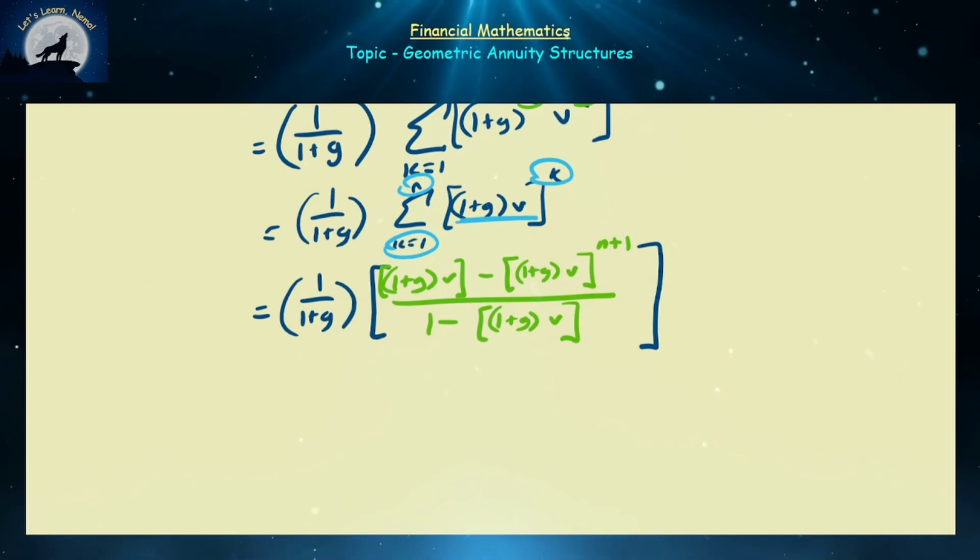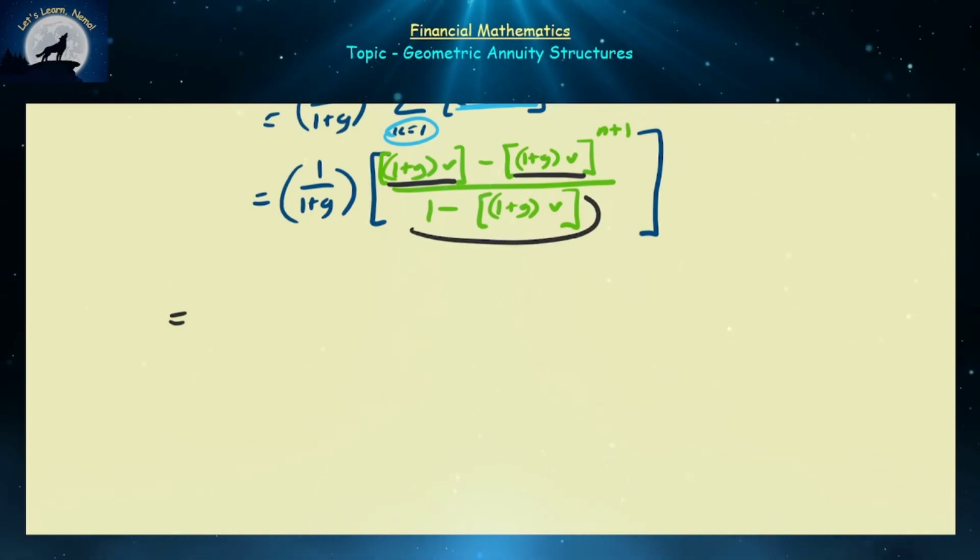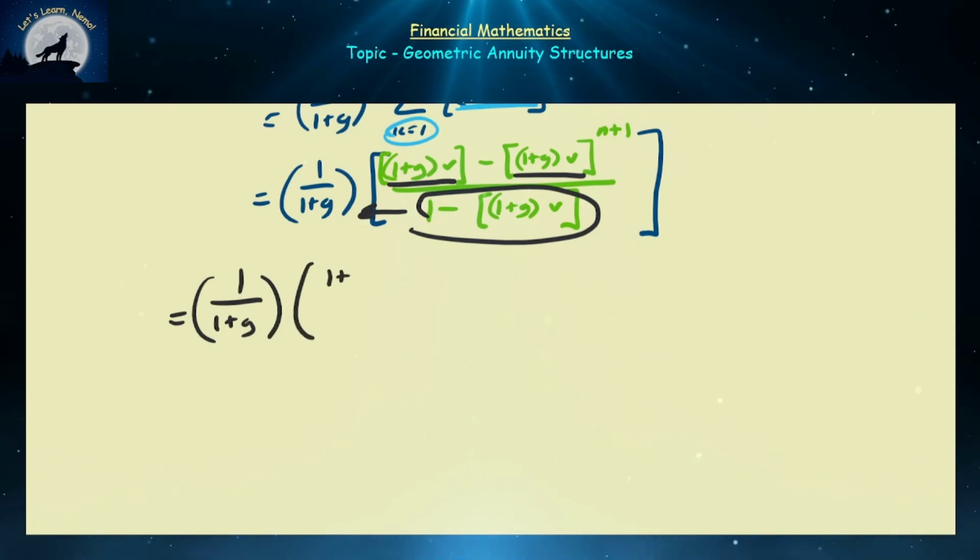Right? So there's lots of things going on here, so let's try and clean this up the best we can. Firstly, notice there's a 1 plus g nu here, and there's n plus 1 of those there, so I can factor one out. And also, I'm just going to factor this object out of the bottom here, and I'm just going to write it as 1 over 1 plus g times (1 plus g times nu) all over 1 plus g to the power of nu there.